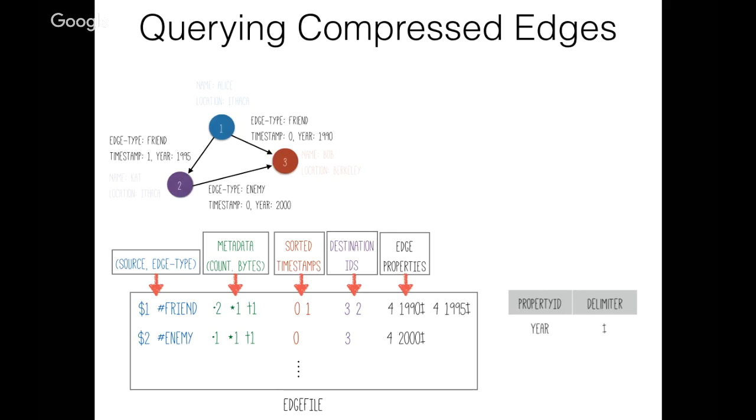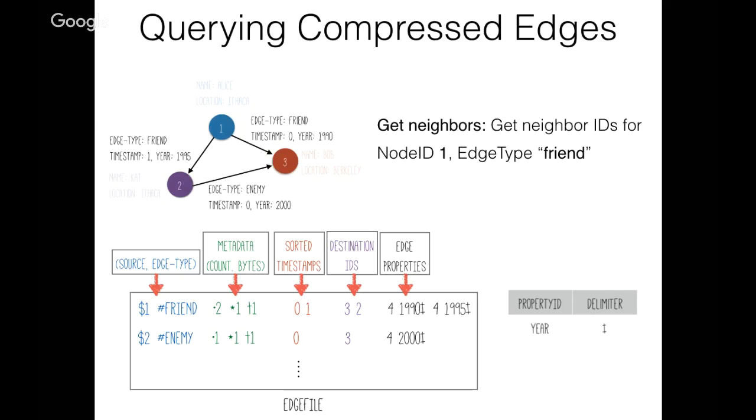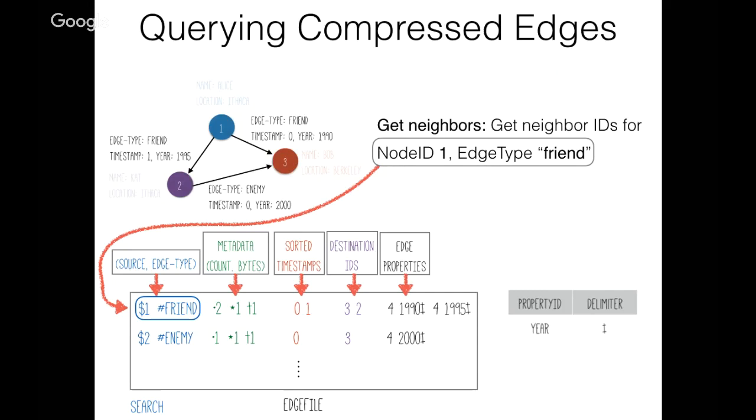Now, again, I'm going to show you a quick example of how edge queries may be executed on the compressed representation. And I'm going to use a simple example where we'll try to find all the neighbor IDs corresponding to node ID 1 and edge type friend. So the first step is to search for node ID 1 and edge type friend separated by their specific delimiters as shown in this example.